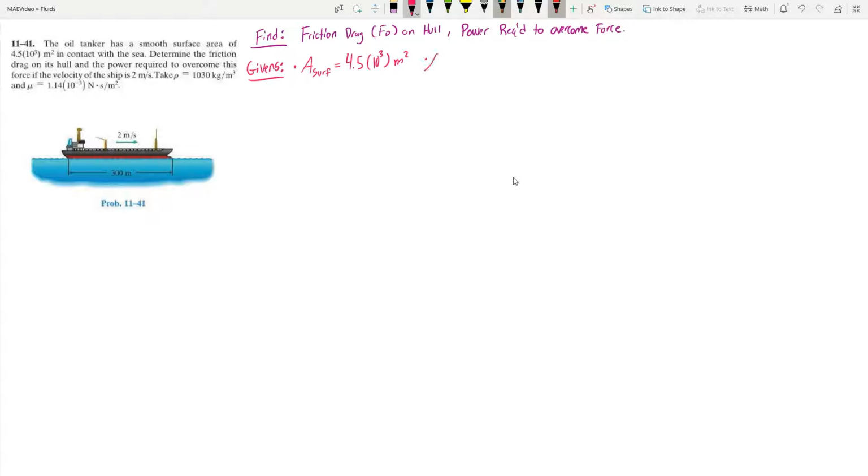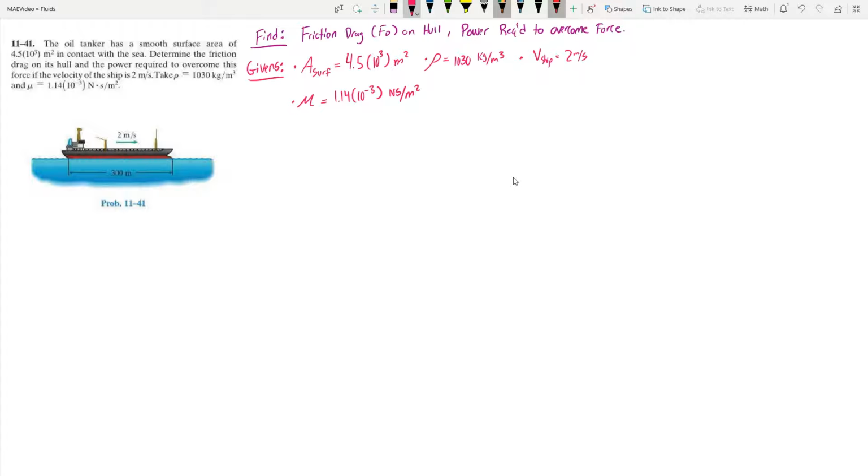We're given density, it's 1030 kilograms per meters cubed. We're given the velocity of the ship as 2 meters per second. We're given viscosity, 1.14 times 10 to the minus 3 Newton seconds over meter squared.